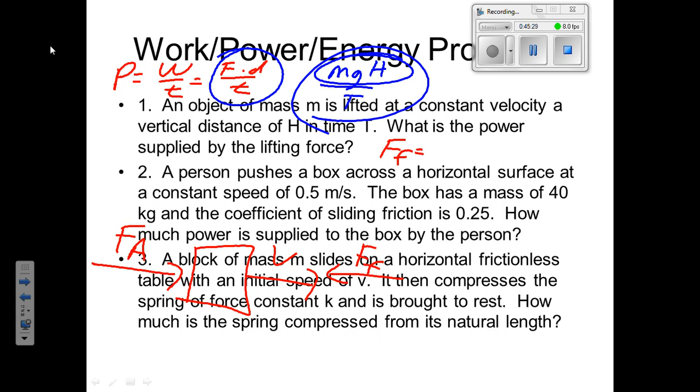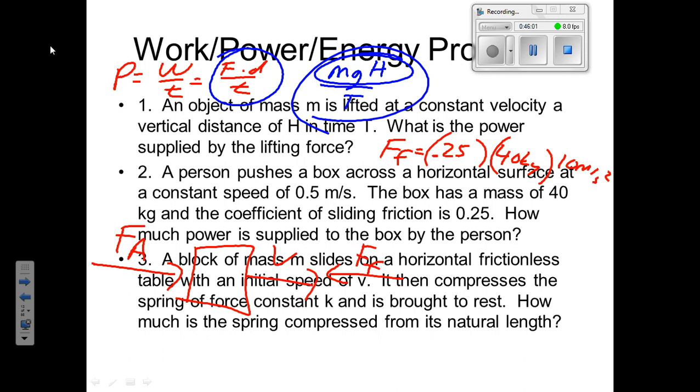It gives us the mu, right? It gives us 0.25. So I'm going to say 0.25. It's on a nice horizontal surface, which means that N is going to be what? Equal but opposite to the weight. Well, we don't have the weight, but we have the mass, right? We got 40 kilograms. So let's say 40 times 9.8. Let's just use 10 for that now. So we'll say m times g.